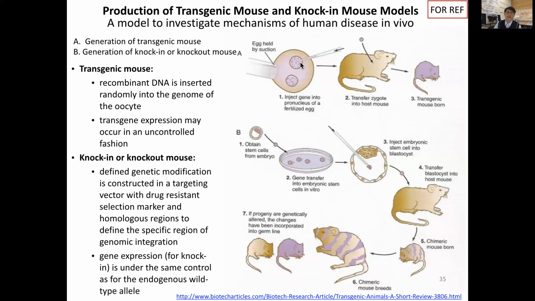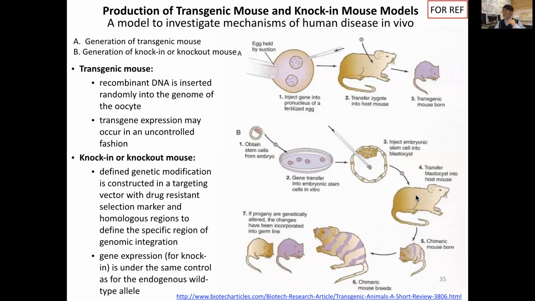So we developed another way, the knock-in or knock-out mouse, where we put recombinant DNA in, or take specific genes out. This comes from embryonic stem cells. We take the stem cells and transfer genes into the embryonic stem cells in vitro, select those stem cells, and inject them into the blastocyst of a mouse, which goes into the host mouse.